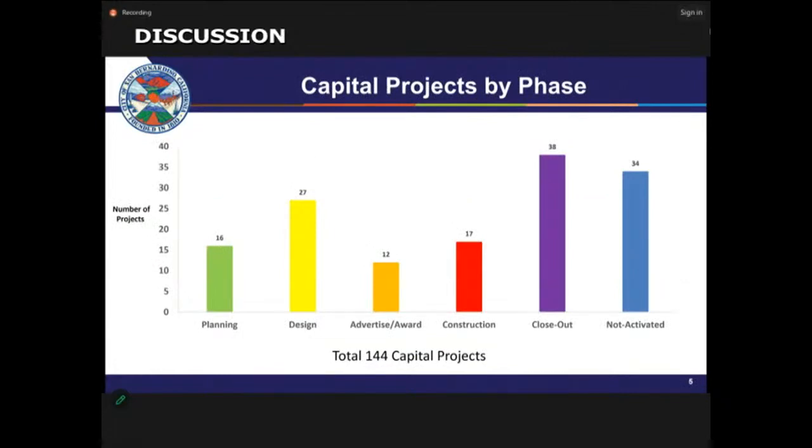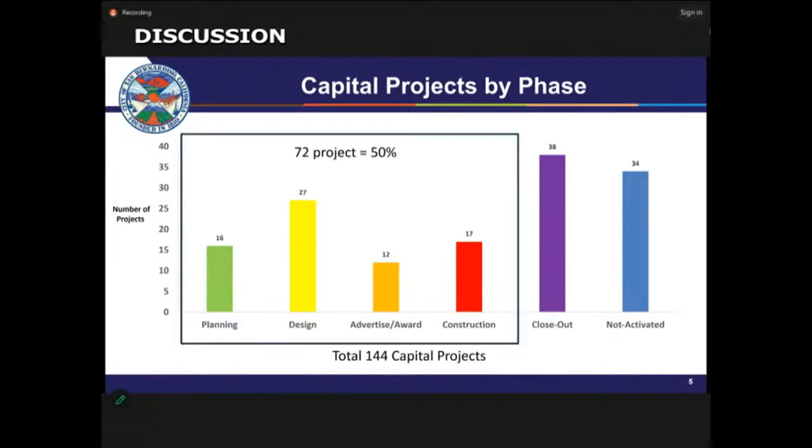So next into the overview of the projects, this slide provides project specifics relative to the phasing of the projects, as I showed in the previous, and we're staying consistent with the colors. For tonight's discussion, we are going to be focused on our active projects. So right now, the active projects represent 72 of the overall 144 projects, which is 50% of our projects.